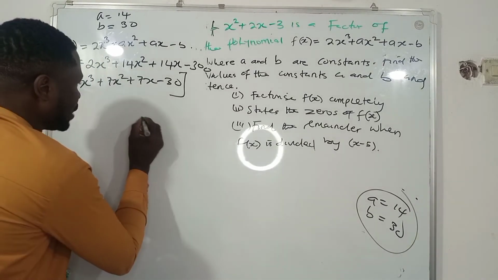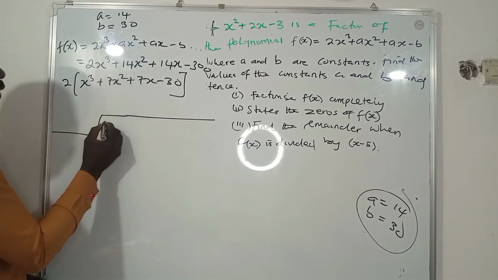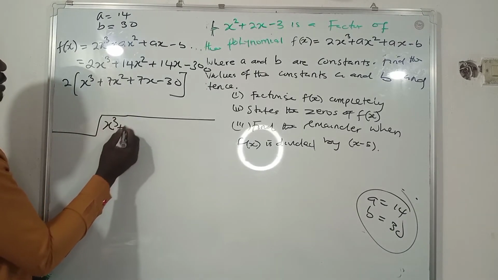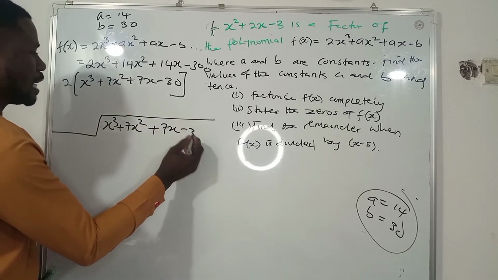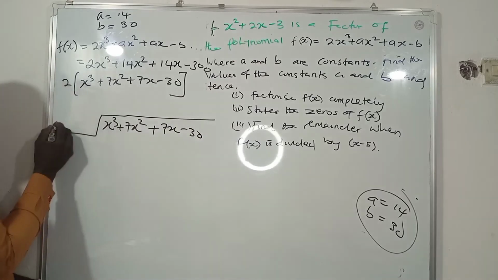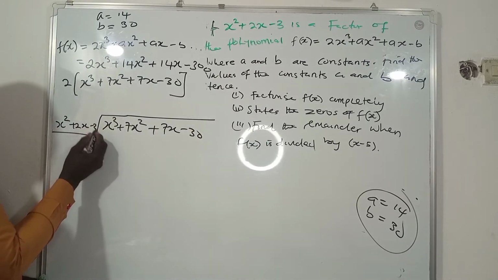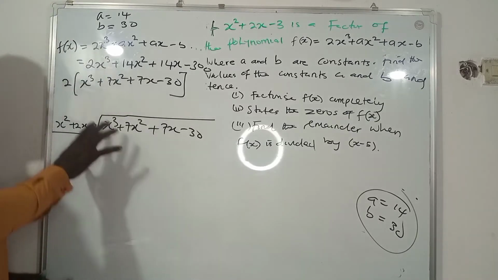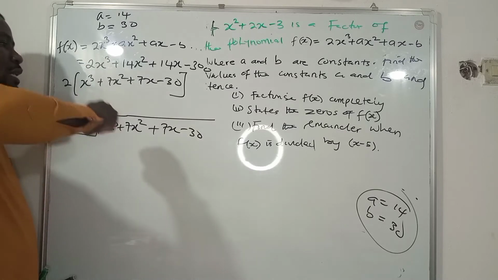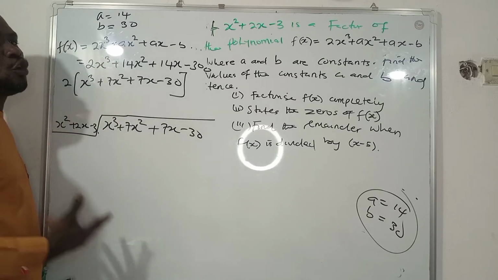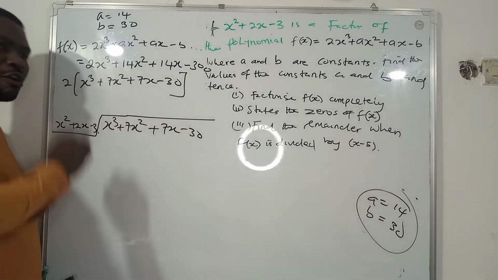Now I will do this quickly. Here will be x cubed plus 7x raised to the power 2 plus 7x minus 30, while x squared plus 2x minus 3 will be here. Now I want to apply the long division method of dividing a polynomial. Remember that if I use this to divide this, the remainder must be 0.